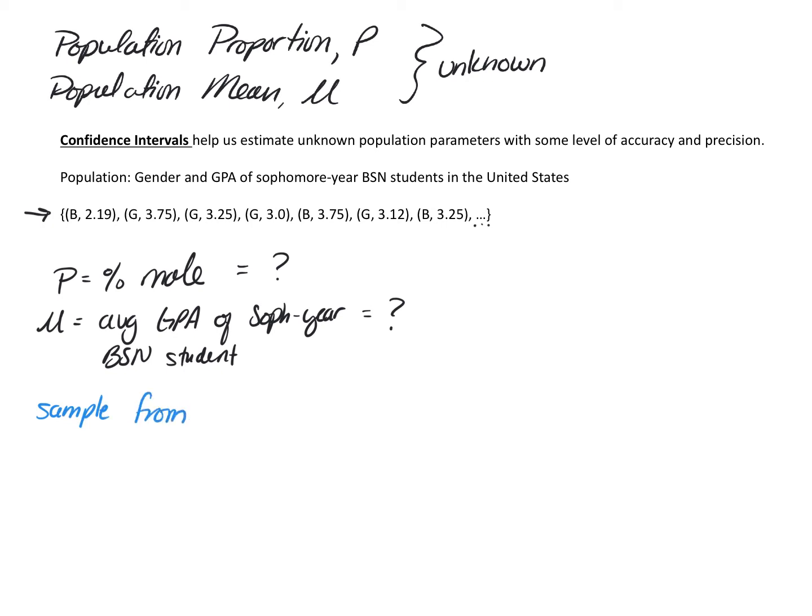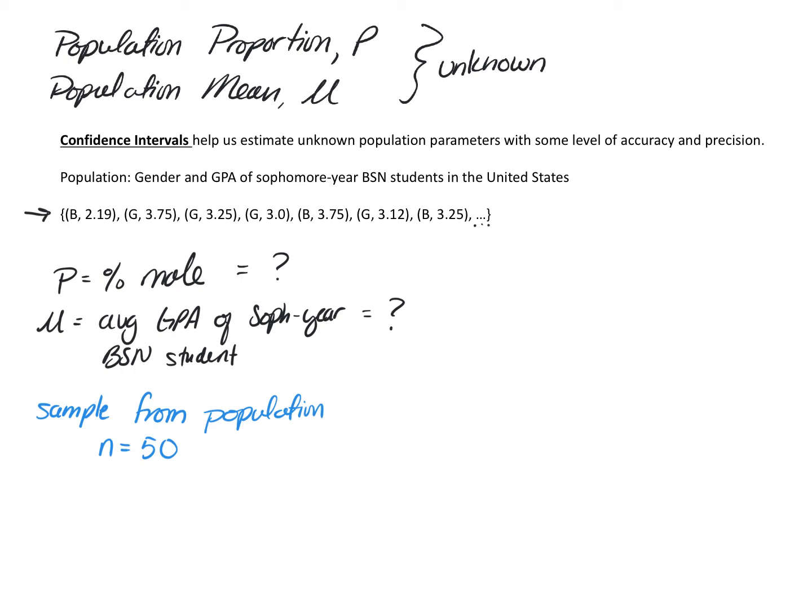What we do in statistics is we take a very large random sample from the population. Let's say that in this example, our sample is the gender and the GPA of BSN students at JU. So let's say we collect data from 50 sophomore year BSN students at JU. That's our sample.